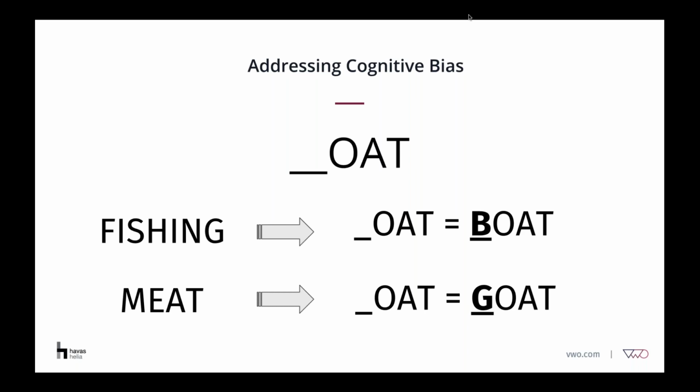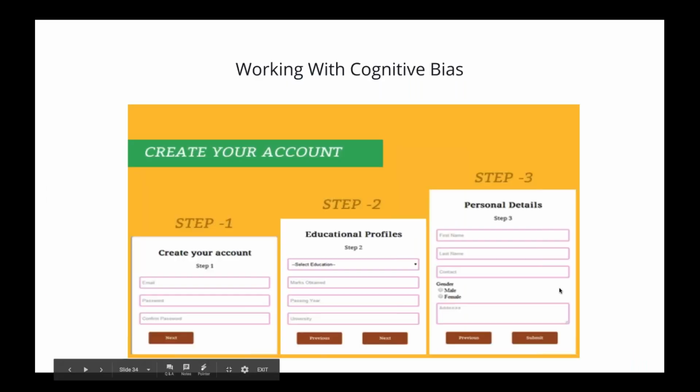On your website, if you have a very comprehensive sign up form, I would request you to break it down into steps. The first cognitive bias which comes into the user's mind would be that the form is too long, and I might not have all the time in the world to fill out all the details.